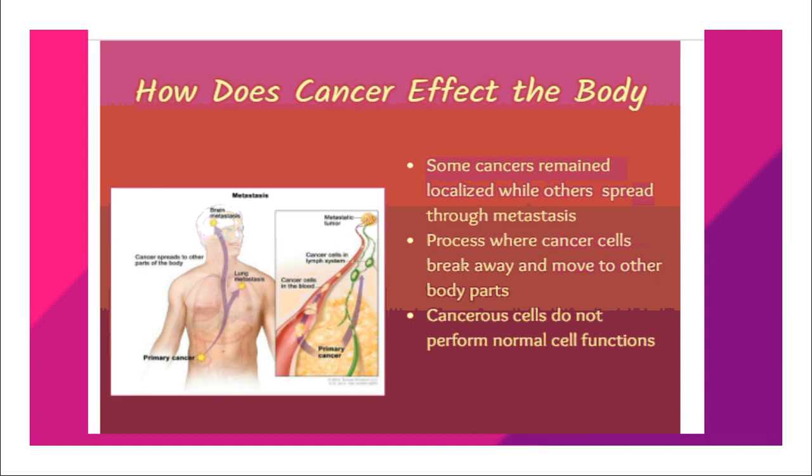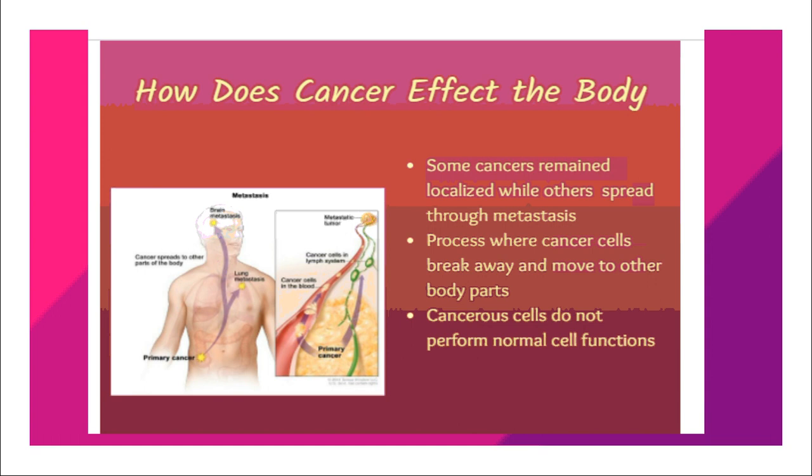Sometimes the abnormal cell can spread out through the body, and we call that metastasis, when the cell has metastasized. Cells break off from the main tumor, and then they can enter the bloodstream, or sometimes move through lymphatic channels, and travel to other parts of the body where they settle and create a new tumor.